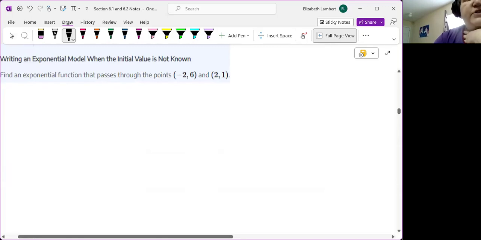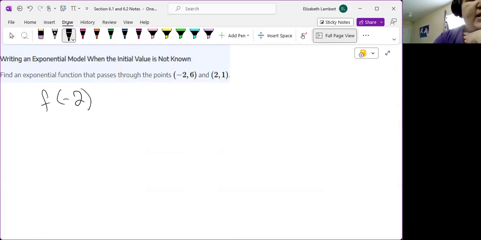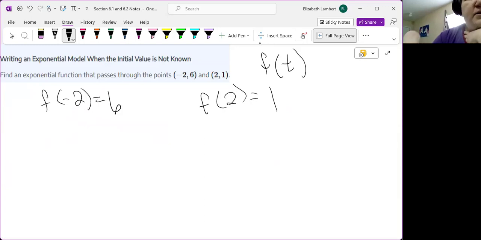So the points tell us f of -2 equals 6, and f of 2 equals 1, with f of t being A times B to the t.